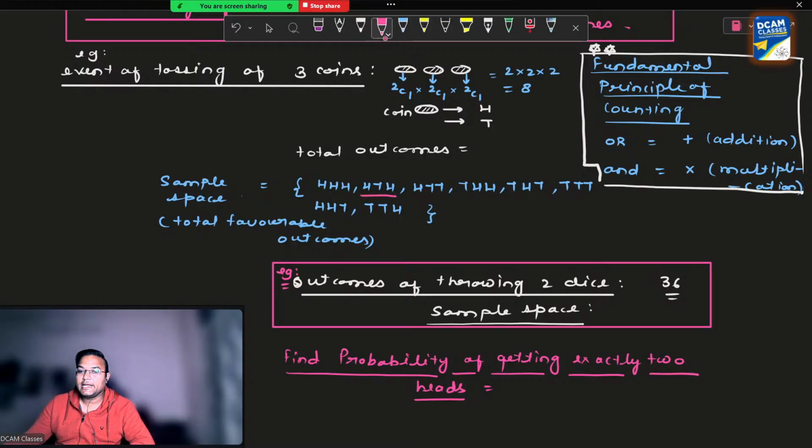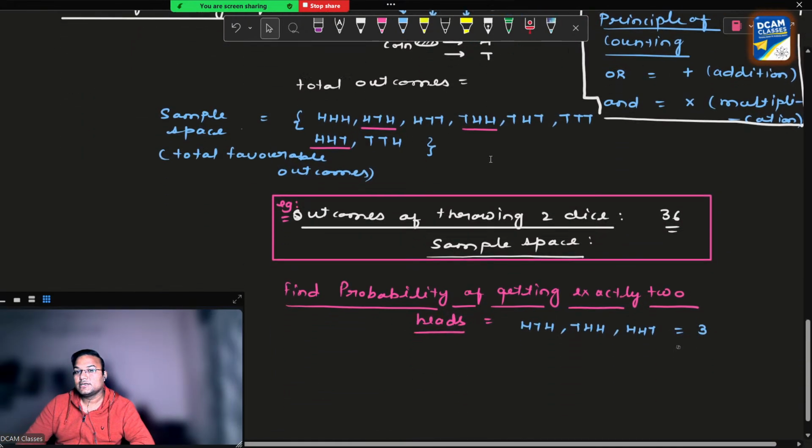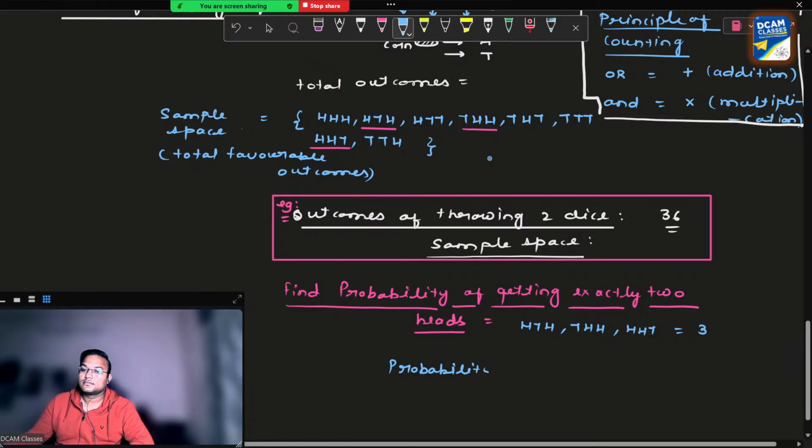See, one is head tail head, other is tail head head, other is head head tail. Head tail head, tail head head, head head tail. So how many? 3. The total number of outcomes was 8. So what is the probability? 3 by 8.